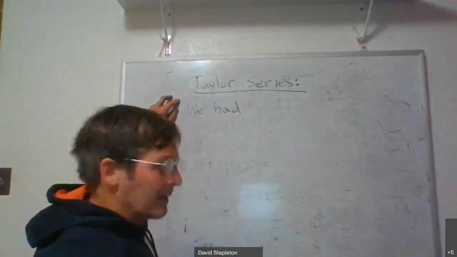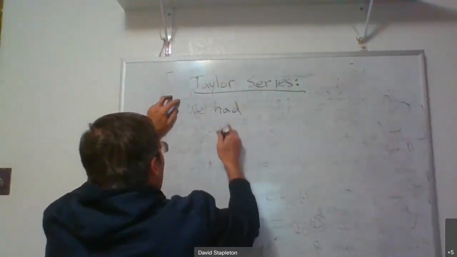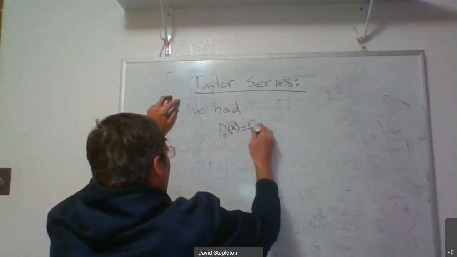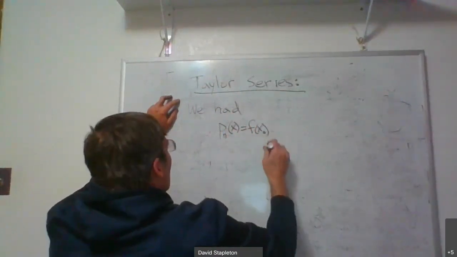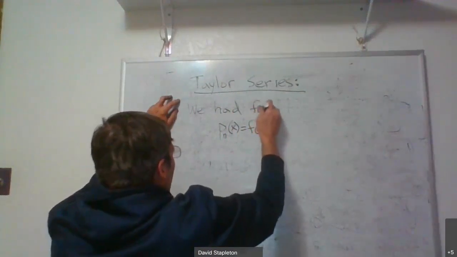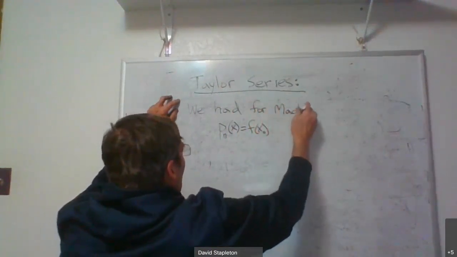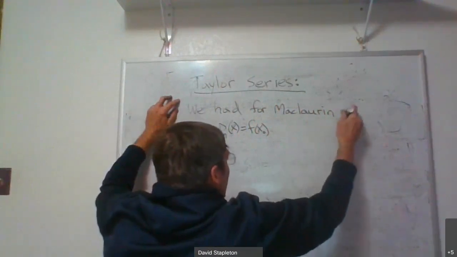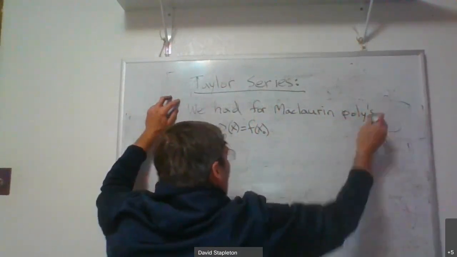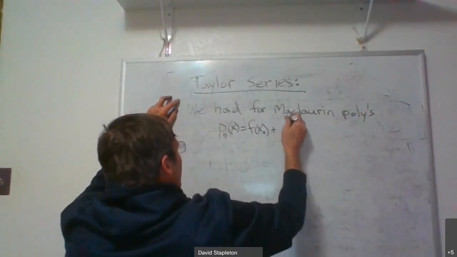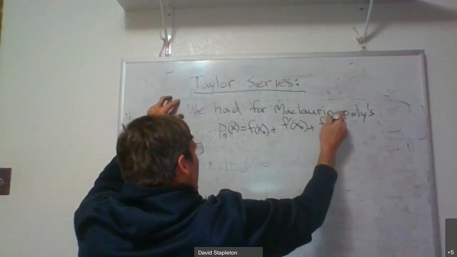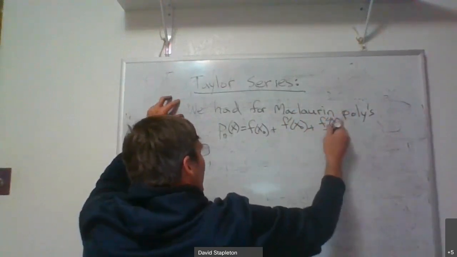I assume you've seen that in calculus 2 already. Pn of x, a polynomial, will be written as f of x0 plus f prime of x0 plus f double prime of x0 over 2 factorial.